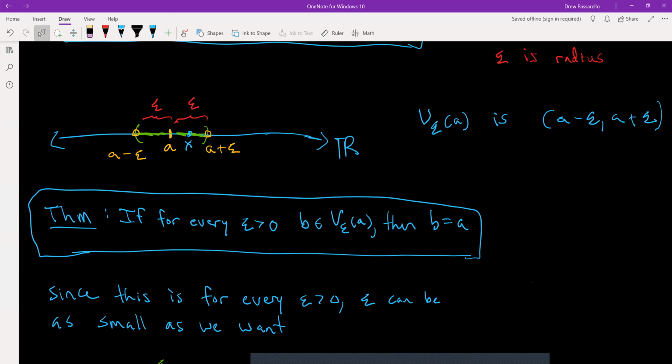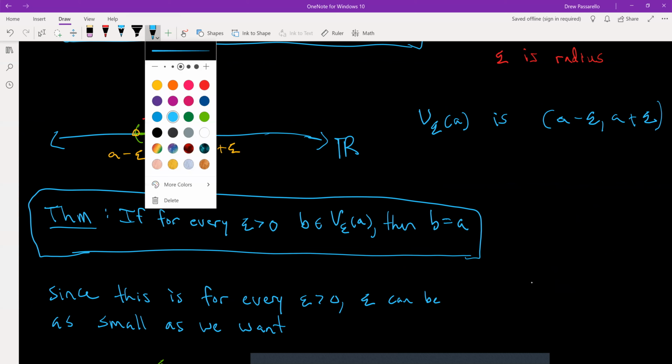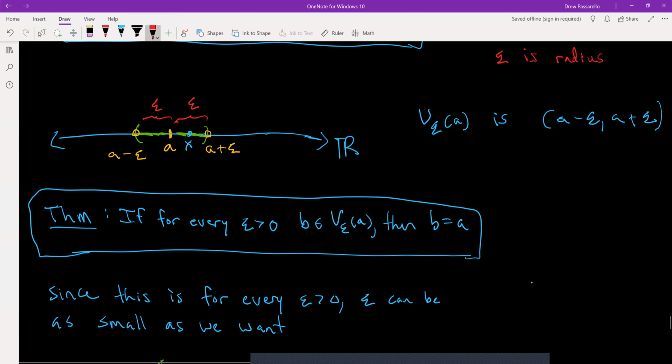Okay, so here's the theorem, and we'll actually prove it in a second. The key here is that I'm using the word every. So for every epsilon greater than 0, if B is an element of this epsilon neighborhood around A, then B equals A. And again, I'm underlining every epsilon.